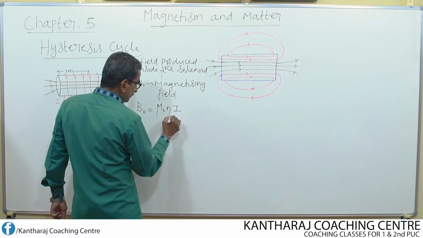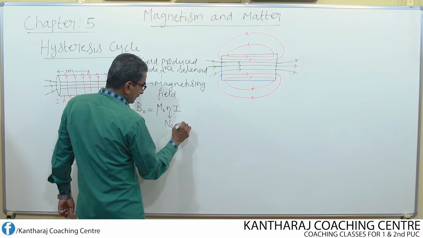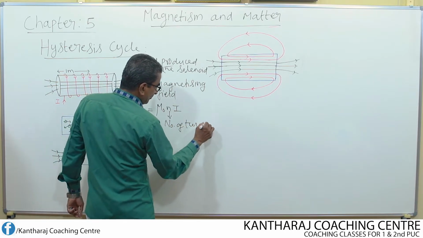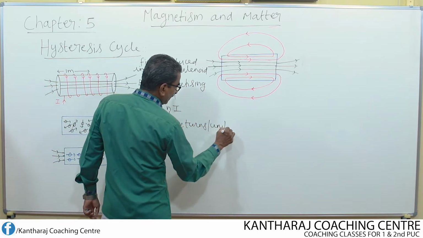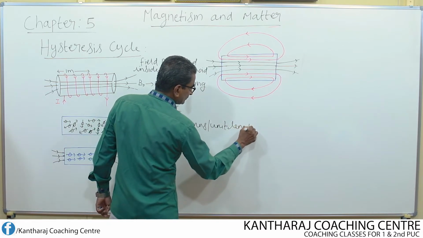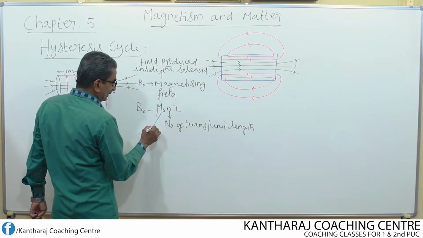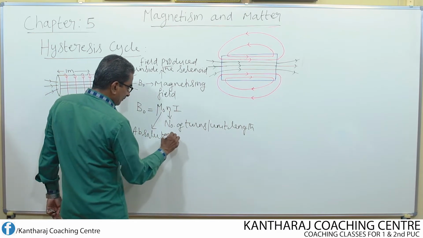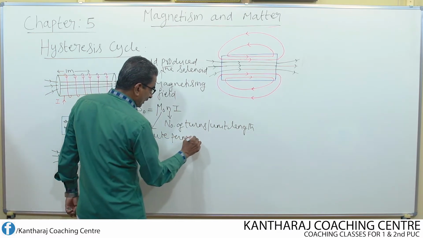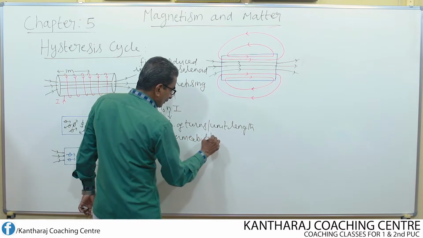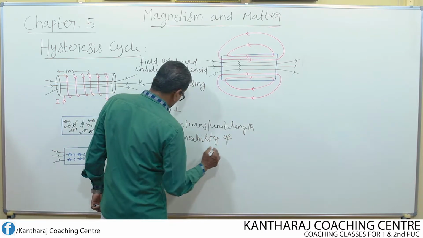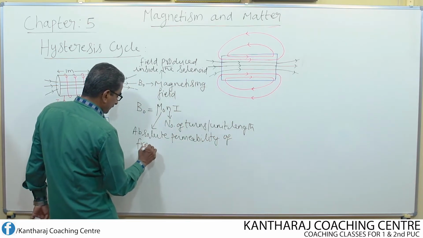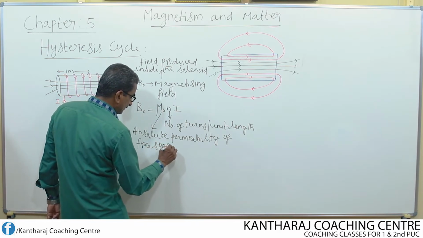N refers to the number of turns per unit length of the solenoid, and mu naught is nothing but the absolute permeability of free space.